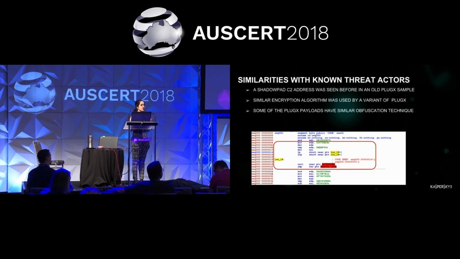Then we realized that a similar encryption algorithm or decryption routine was used in a variant of PlugX as well. Also, some of the PlugX samples had a similar obfuscation technique, as you see here. This is a screenshot of one of the PlugX samples. Apart from that, AUSCERT had concluded somehow the same thing, that the attack was coming from Chinese-speaking actors that used PlugX and Winnti malware in the past as well.